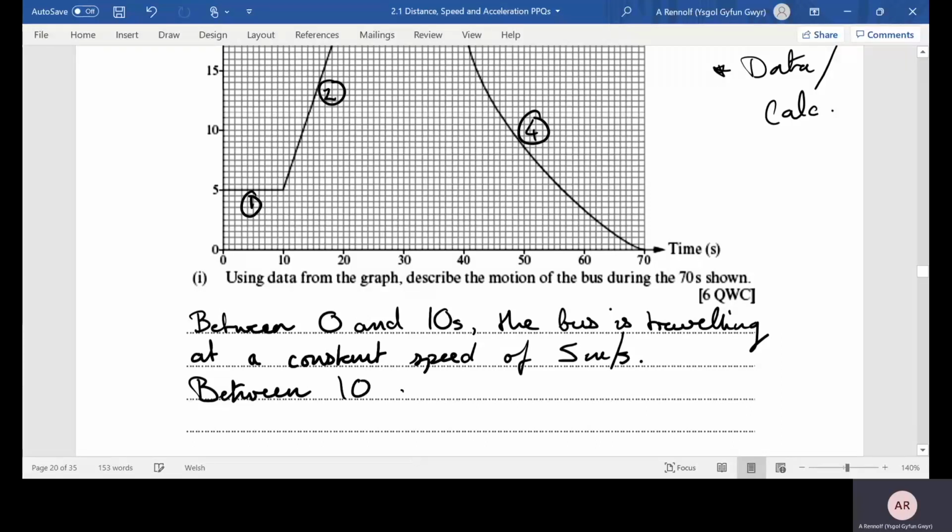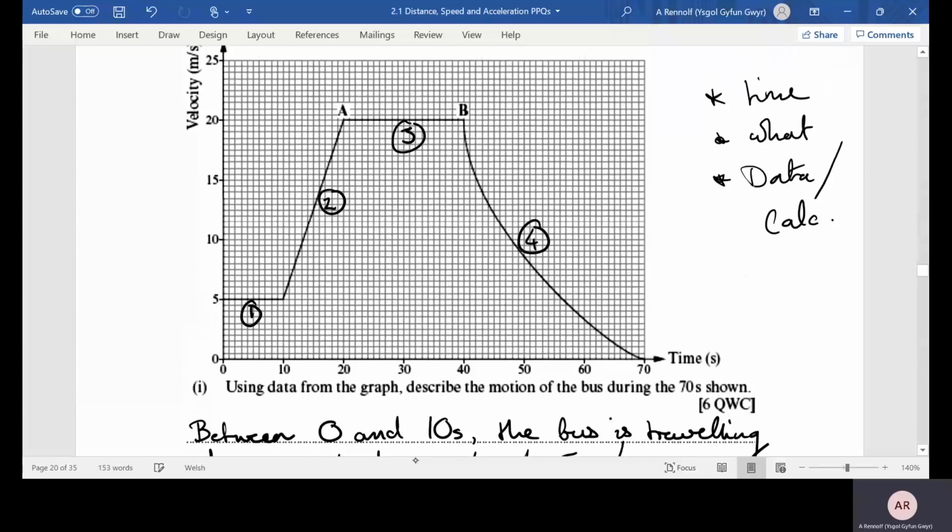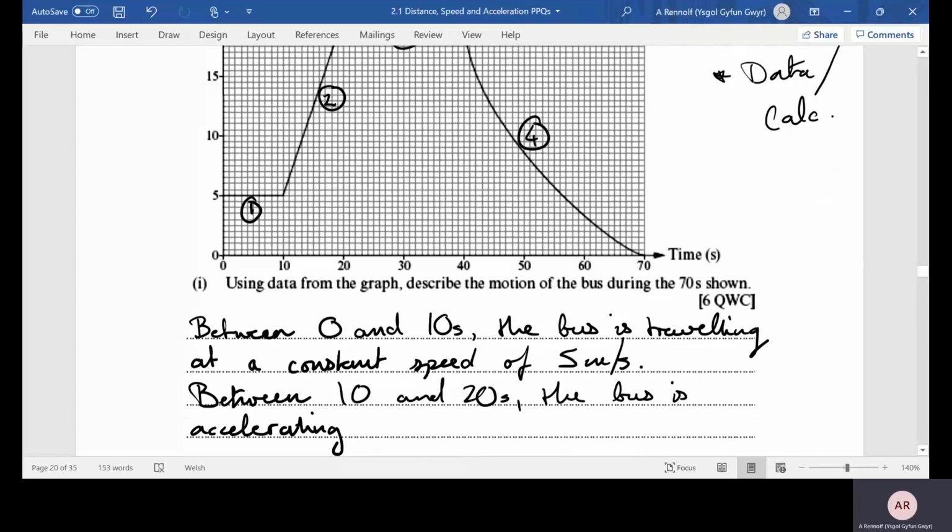So between 10 and 20 seconds, the bus is accelerating, speed is increasing, and it's a straight line from 10 to 20 seconds. It's not curved, that's a straight line. And so we'll say that it's accelerating at a constant rate.